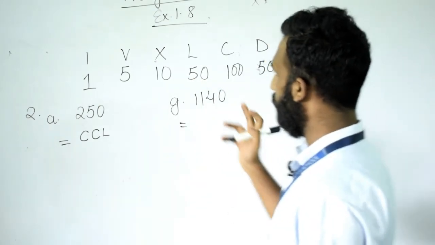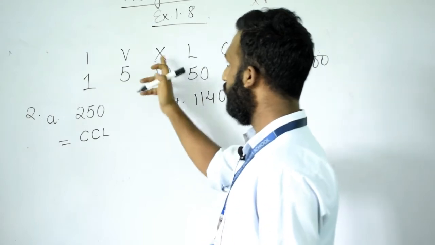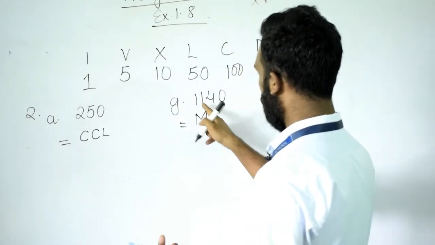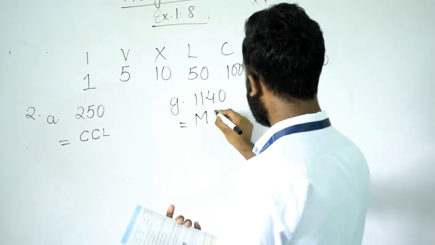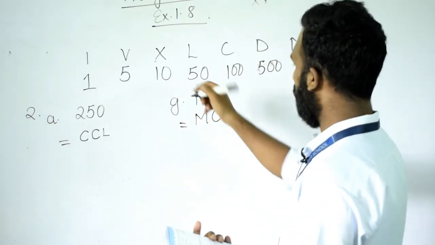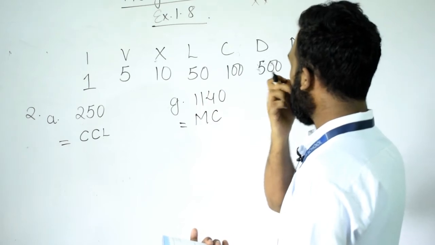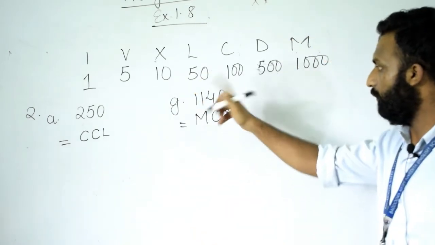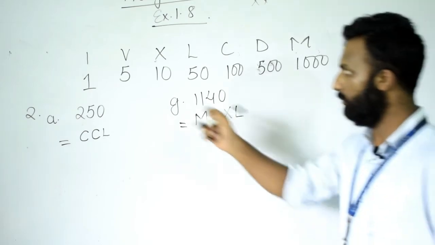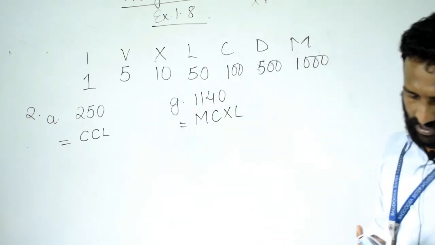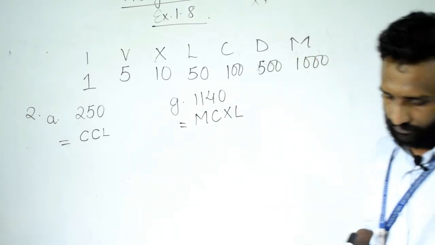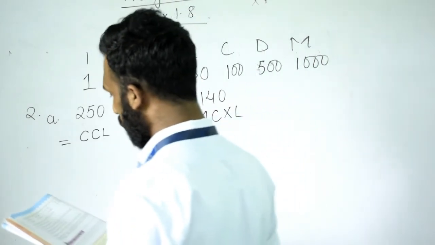To make 40 we do subtraction from L, with X. So for 1000 we write M, for 100 we write C, and for 40 we write X, L. If you write the smaller symbol before a greater symbol, it means subtraction. So this is MCXL, the Roman numerals for the Hindu-Arabic.